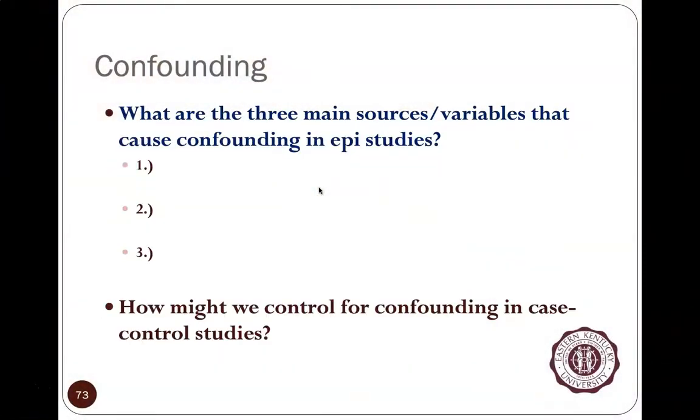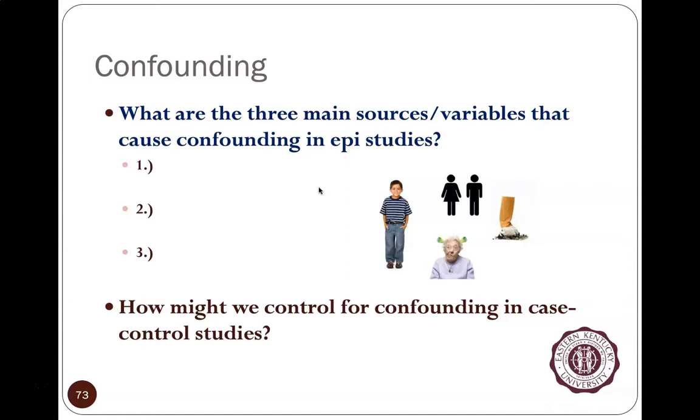designs. So what are the three main sources of confounding in epidemiological studies? Well, the main sources are age, gender, smoking status, and those are the biggies. What are some other ones? Well, you could imagine them.